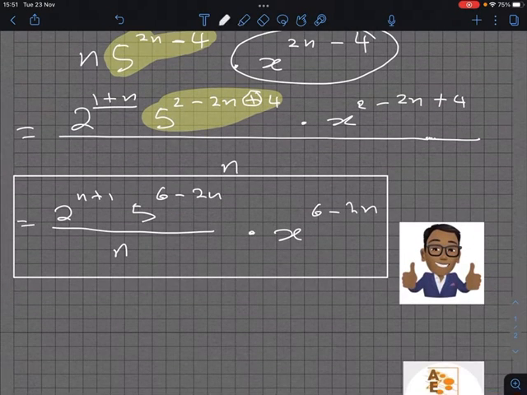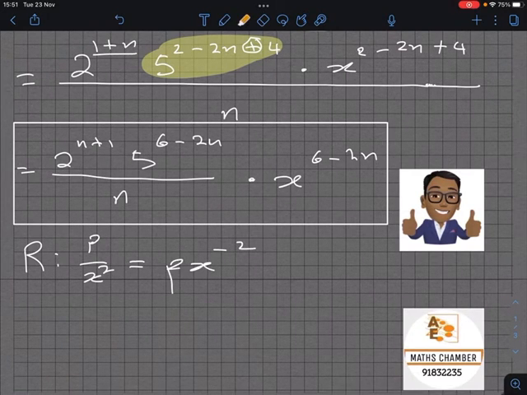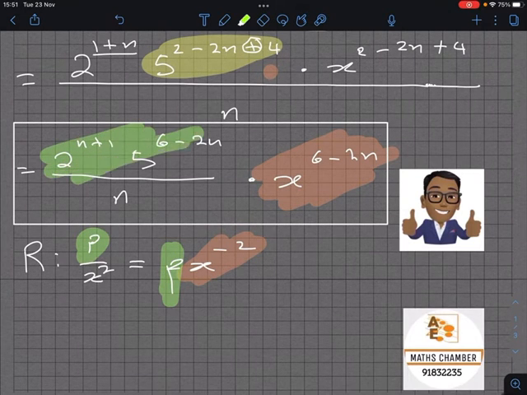So what happened is that from your right hand side, p over x squared, which is equal to p x to the power of minus 2. Now it's easy for you to see. You can see that x to the power of minus 2 here must be equal to this x to the power of 6 minus 2n, and this p here is equal to everything here.